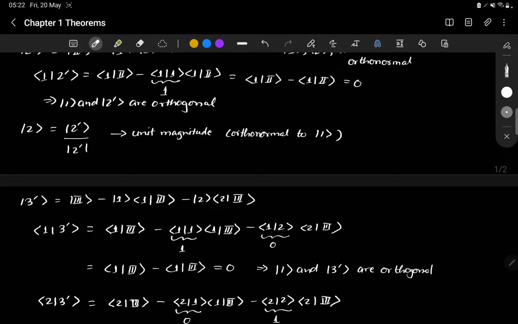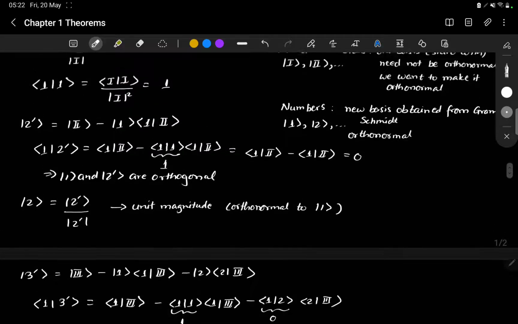So that will stop the process over there. If we arrive at 0 or the null vector, the process will stop. So we need linear independence of the original old basis to start with. It is a prerequisite for this Gram-Schmidt orthonormalization process to work.